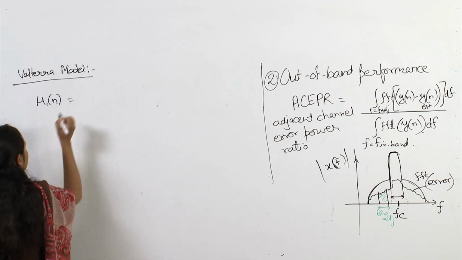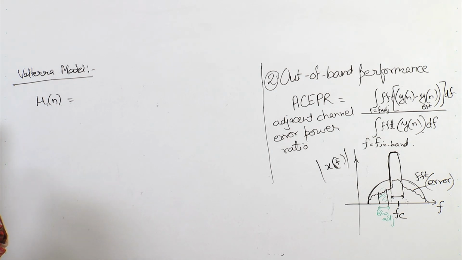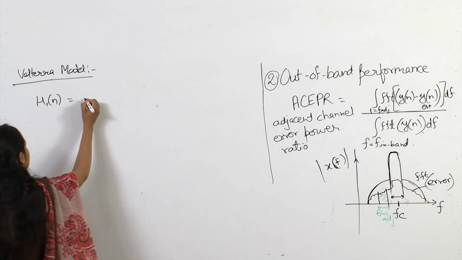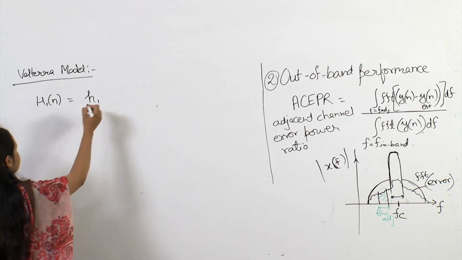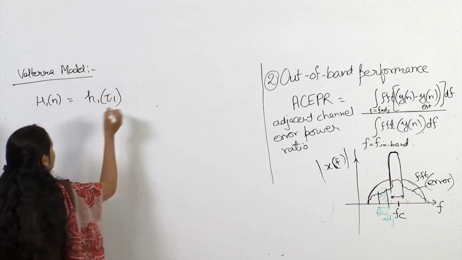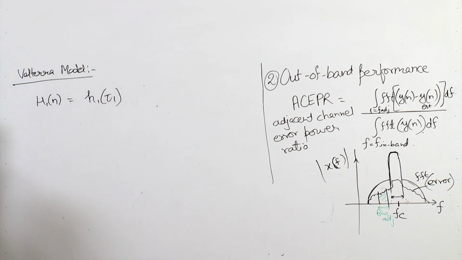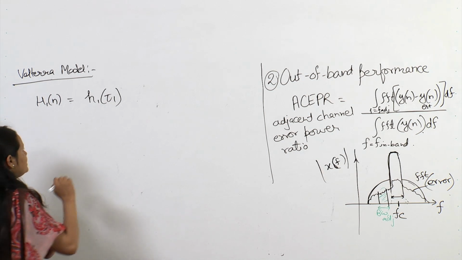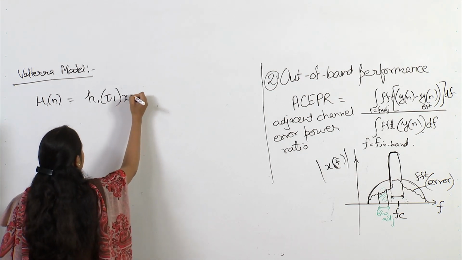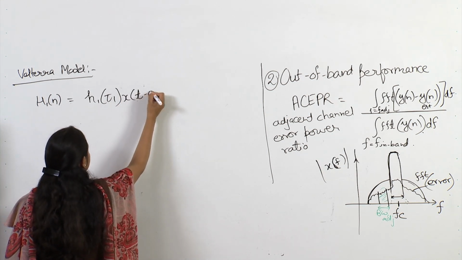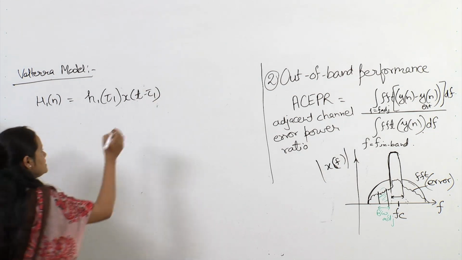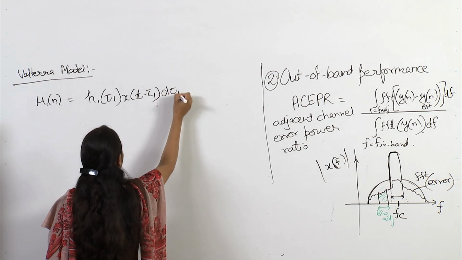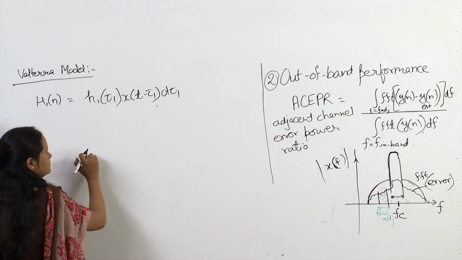It will just contain your first impulse term h1, and it will contain 1 delay. So, it is a function of tau 1 only, 1 delay, x(t minus tau). Similarly, it will be just with respect to d tau 1, it has only 1 delay term.